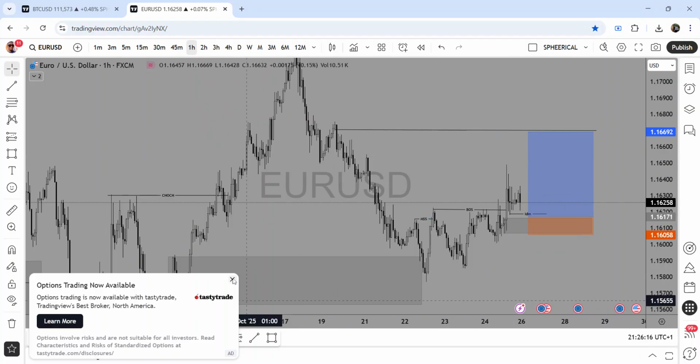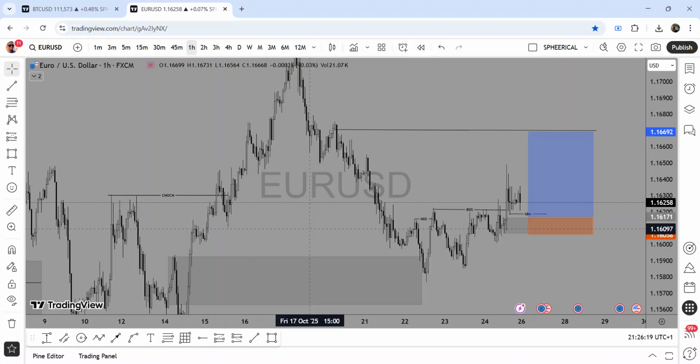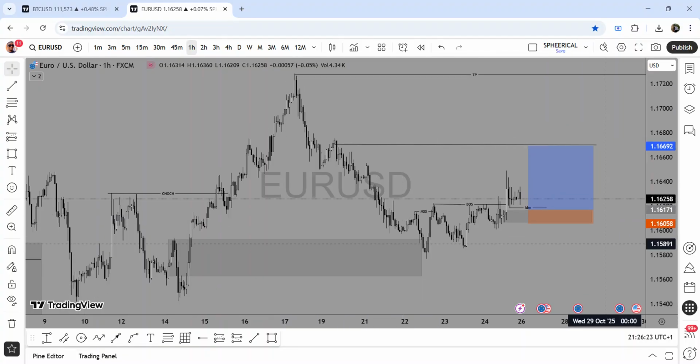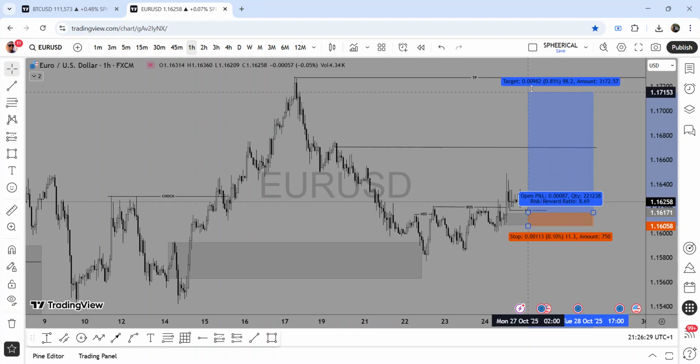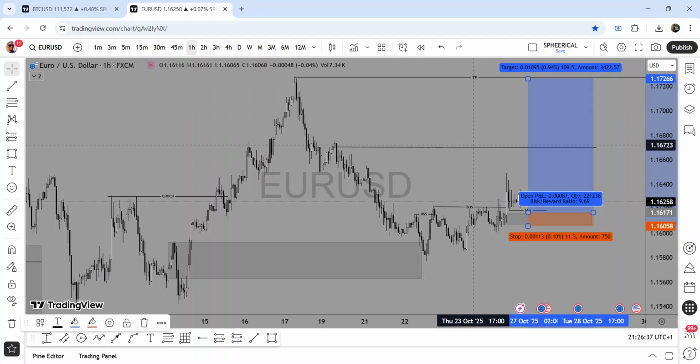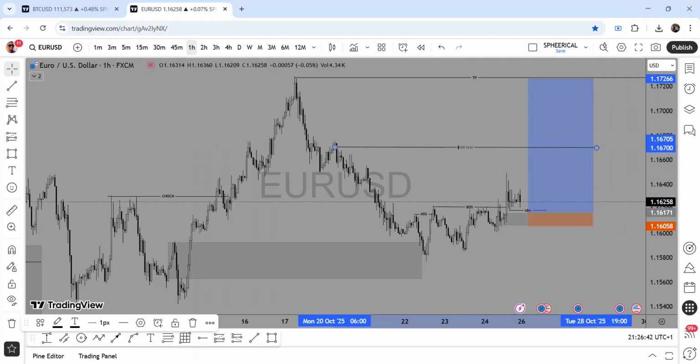Then also, if you want to target higher, if you're a swing trader, this is the next target where the market must surely reach. But you don't have to be greedy.